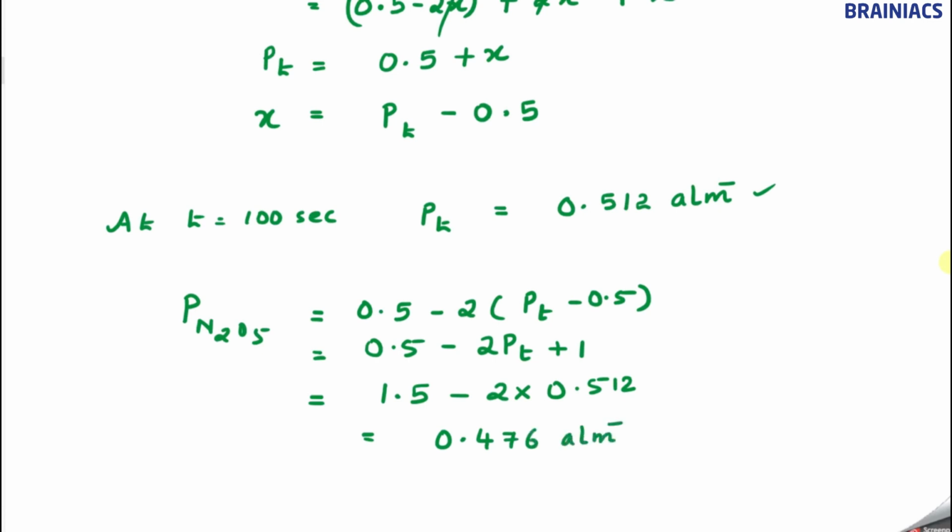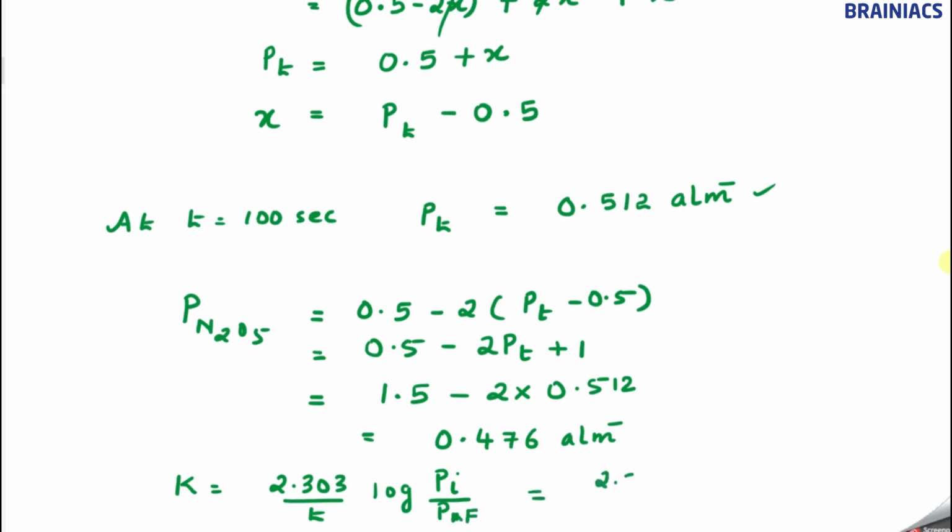Okay, now we will use our standard equation: K is equal to 2.303 by t, correct, log of initial concentration by final concentration. We say here P and we will substitute.